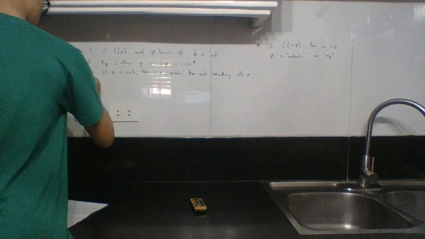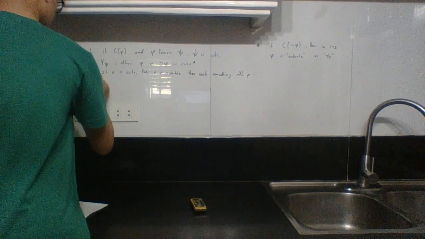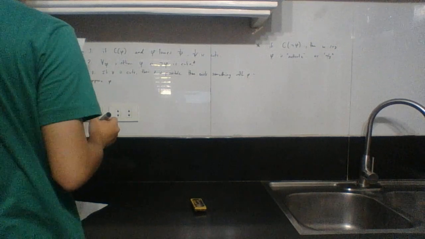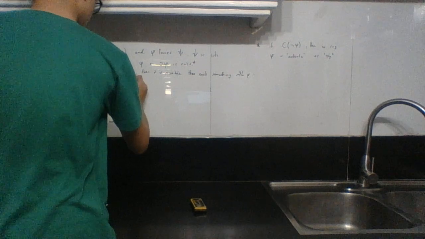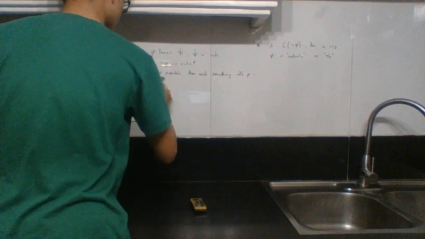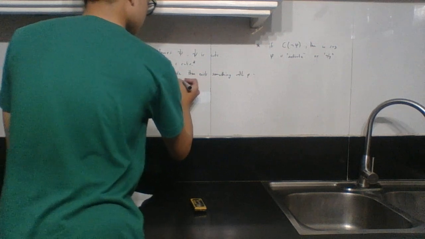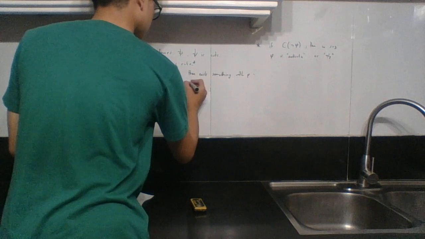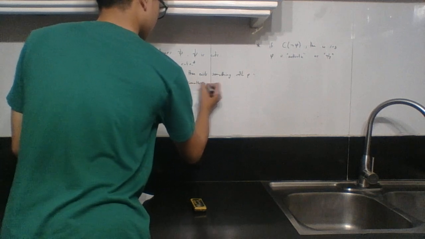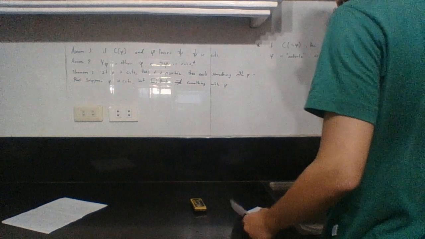So, proof. Of course, a theorem requires a proof. Let's prove it. Suppose var phi is cute, but it's necessary, so box, that there does not exist something with phi.